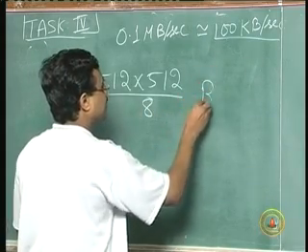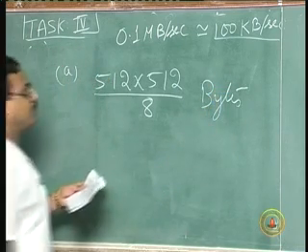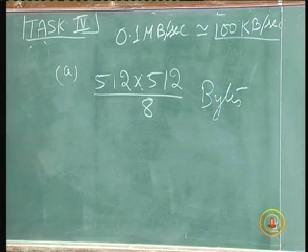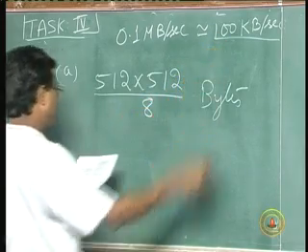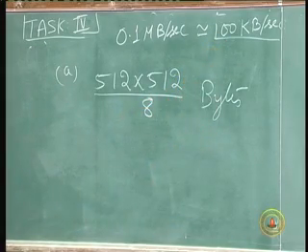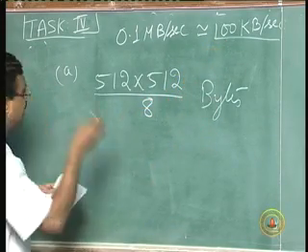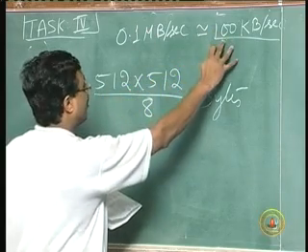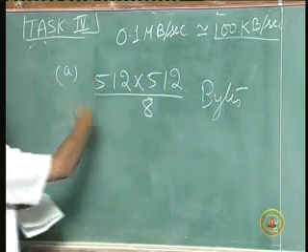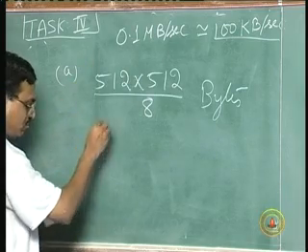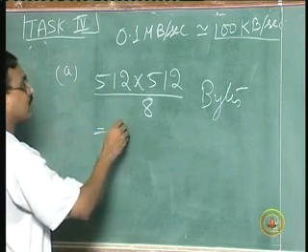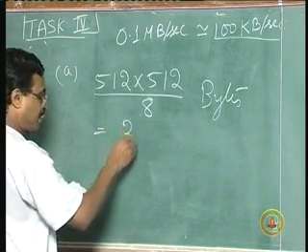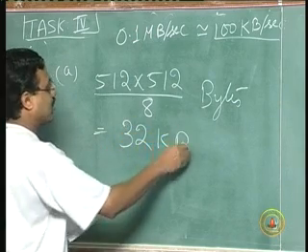So many bytes have to be transferred, and the rate is known as 100 kilobytes per second. If you calculate this, you get the time required. In 1 second you can transfer 100 kilobytes. This comes to about 32 kilobytes.